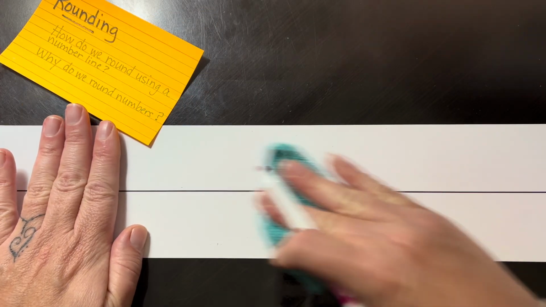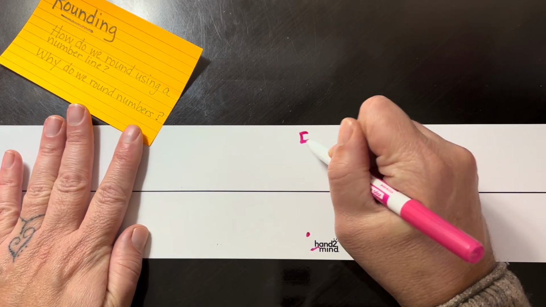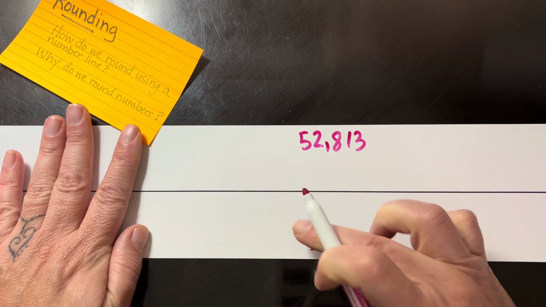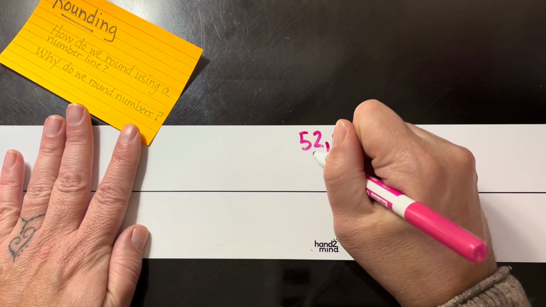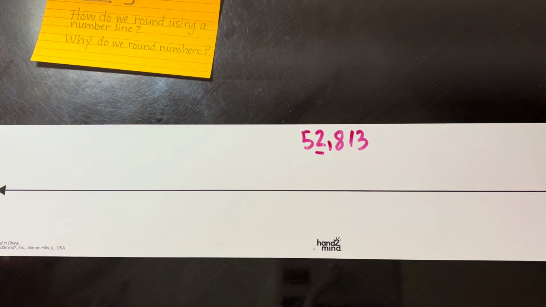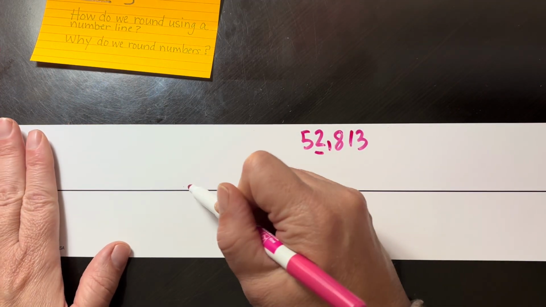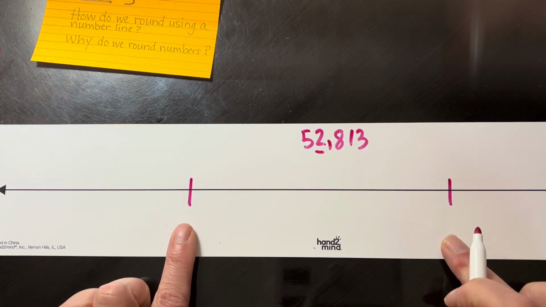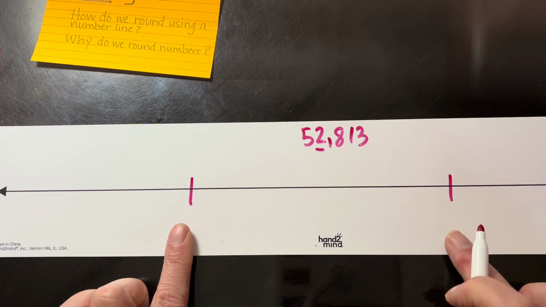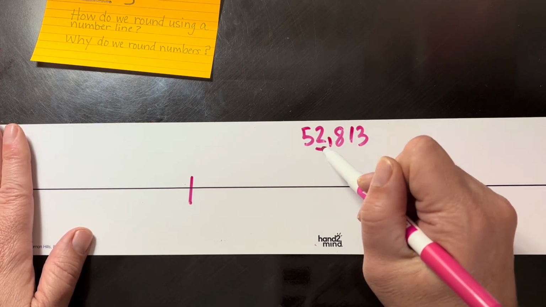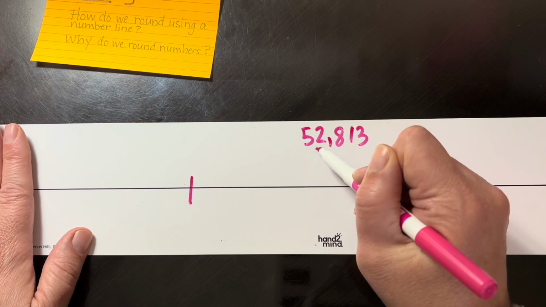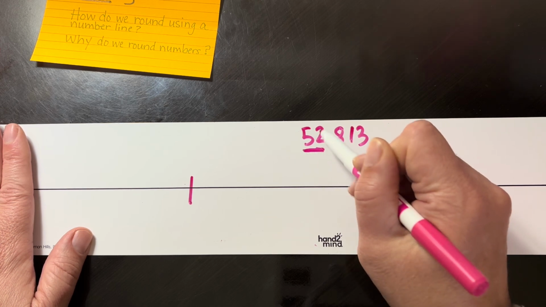All right, let's do one more. What was our number? 52,813? Let's imagine that they were asked to round to the nearest thousands place. There are only two options that it will round to. So yes, I have a 2 in the thousands place, but remember, I have 52,000.